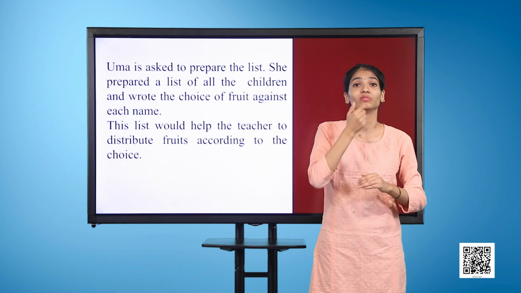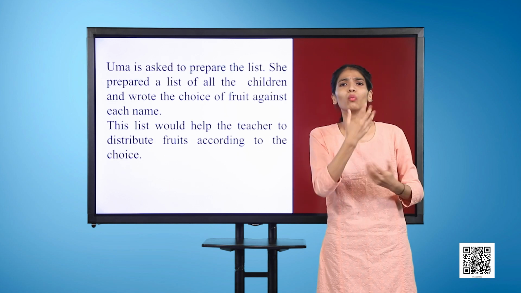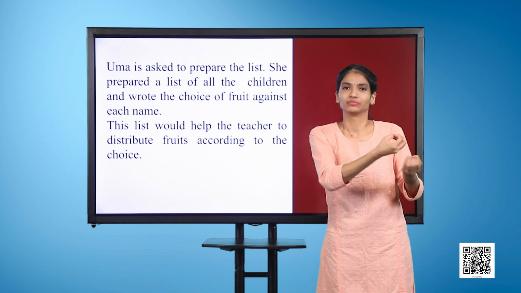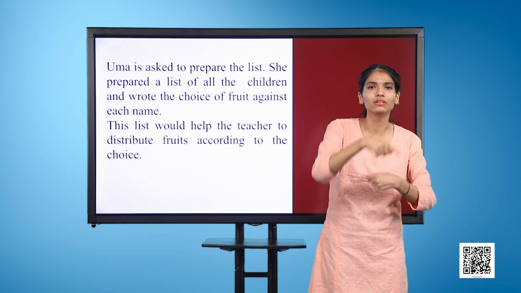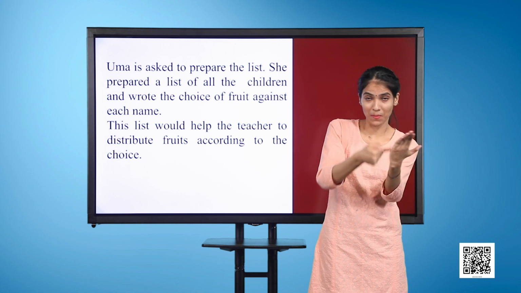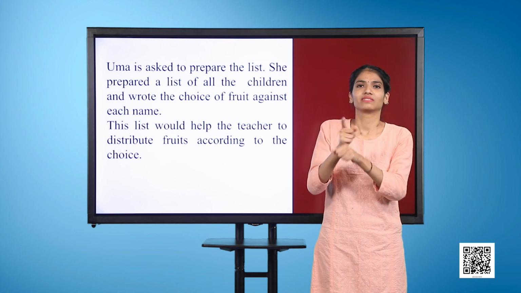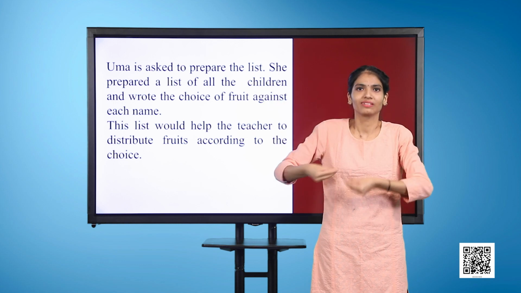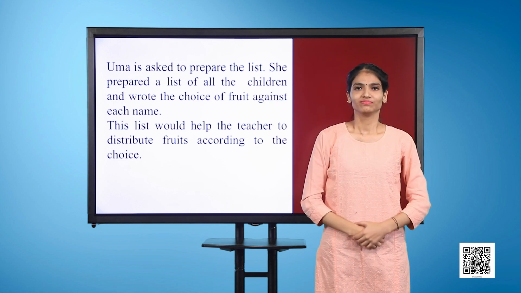Uma is asked to prepare the list. She prepared a list of all the children and wrote the choice of fruit against each name. This list would help the teacher to distribute fruits according to the choice.